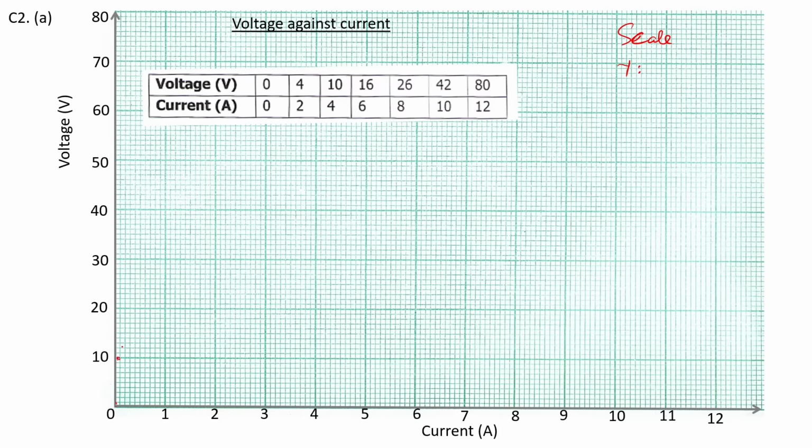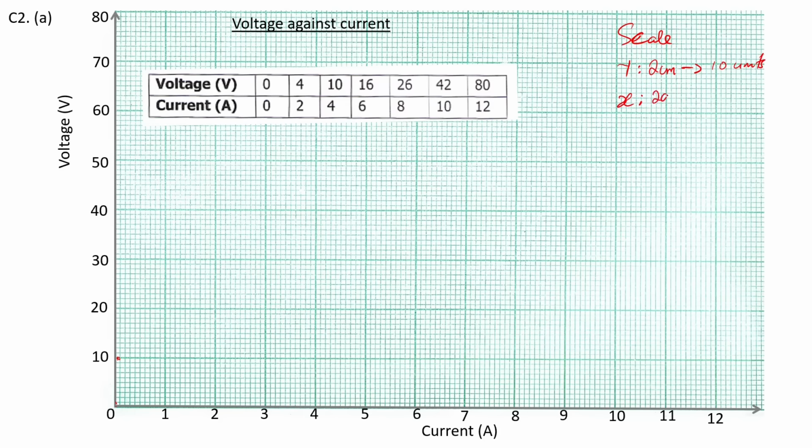When you measure with a meter rule, it is 2 centimeters. So you're going to say on the y-axis, 2 centimeters has been given 10 units. Then you come to the x-axis here, you see from 0 to 1, it is also 2 centimeters.